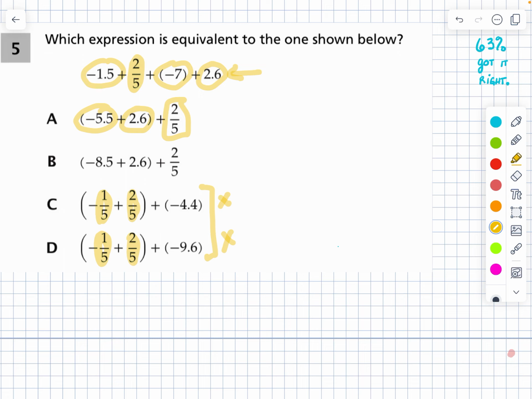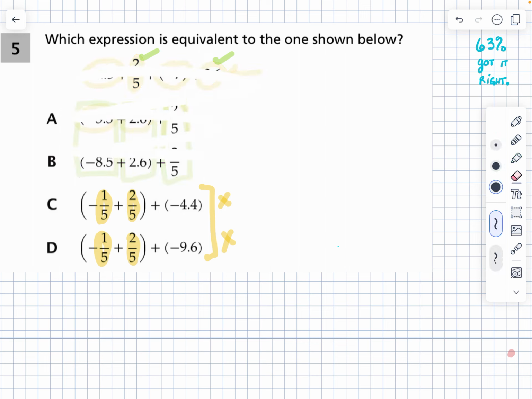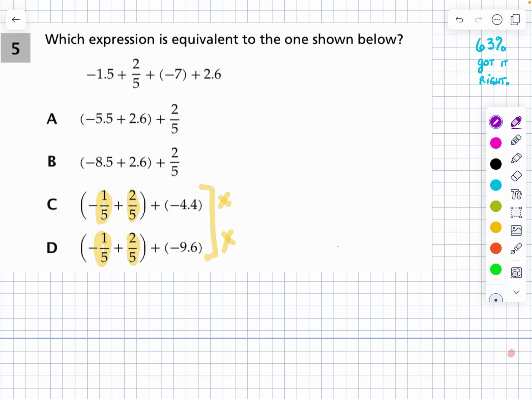Something to note is both of these have a plus 2/5 and a plus 2.6, which is this guy and this guy, so those don't change. And then the question is these right here.